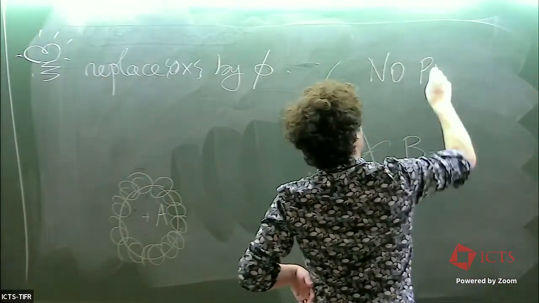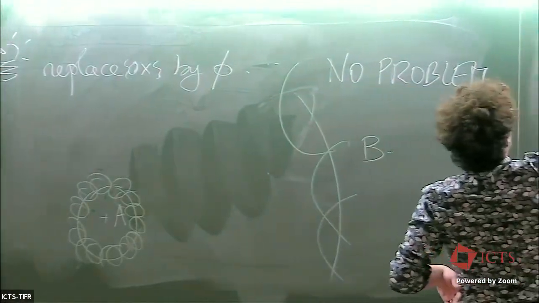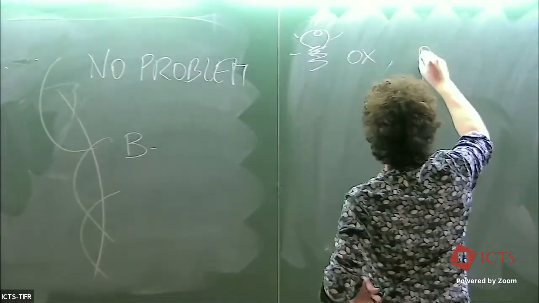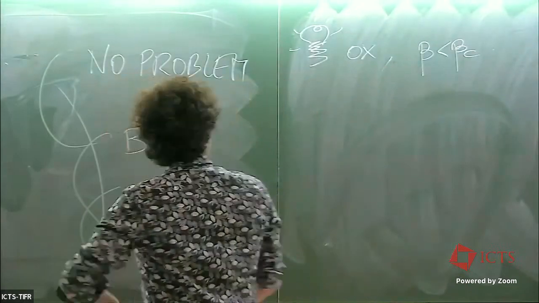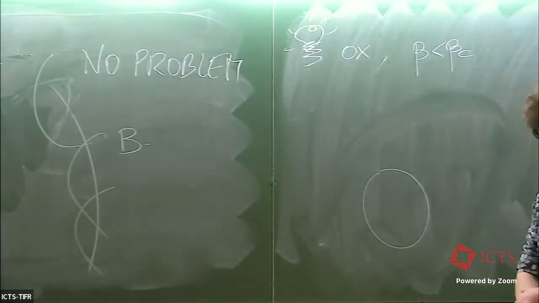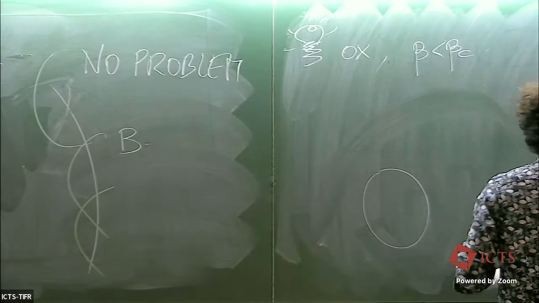It was the bottom line of what I want to say. So now assume that you have 0x as sources, but that beta is strictly smaller than beta_c. Okay? And take a very, very large scale, a scale much larger than the correlation length of your system. You have exponential decay of correlations, and you take scales that are much larger.